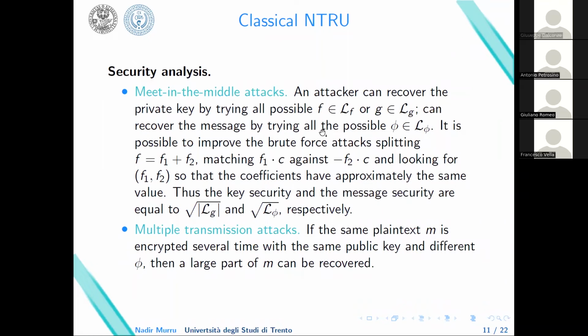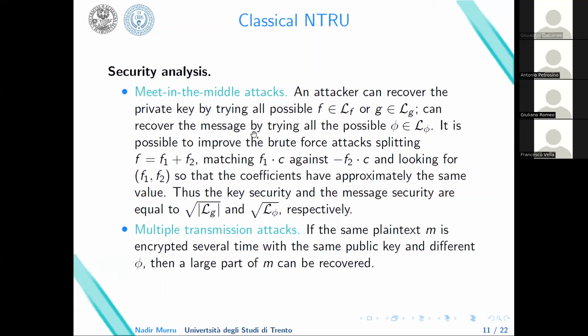And essentially this attack is just a brute force attack. Indeed, an attacker can recover, for instance, the private key by trying all possible polynomials in the set where the private key is chosen. Or similarly, also for the polynomial G. If you obtain one of these two polynomials, you can recover the private key.